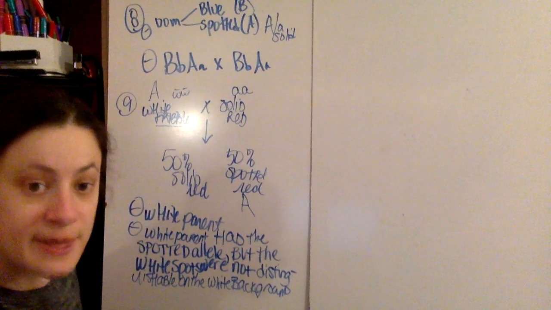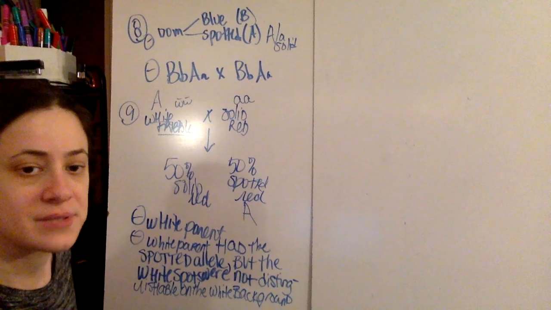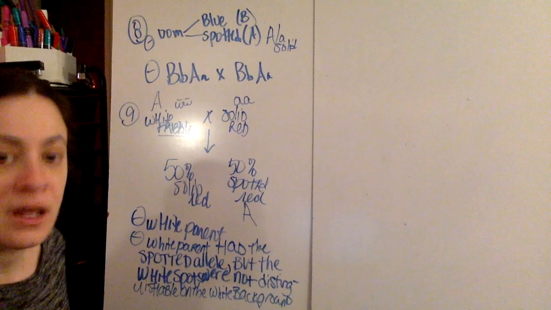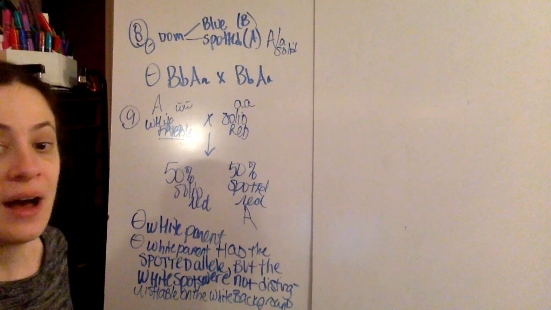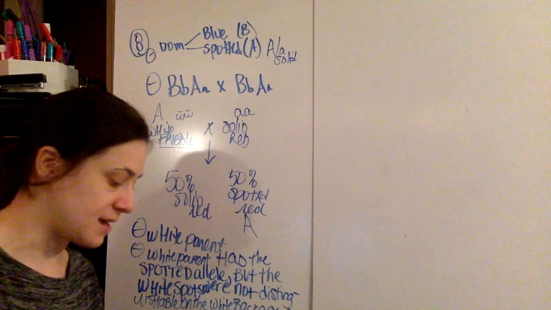I'll read that again. I can understand if that writing is hard to read. So I wrote that the white parent had the spotted allele, but the white spots were not distinguishable on the white background. So that's how that was able to be passed down.